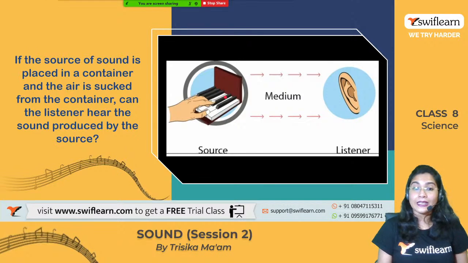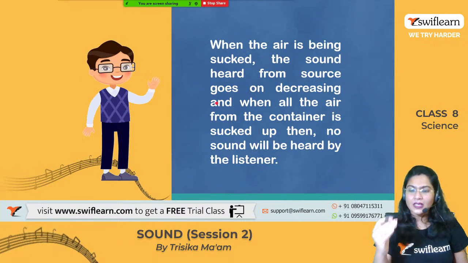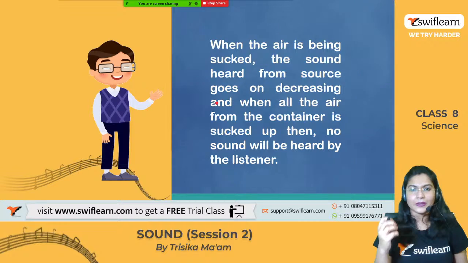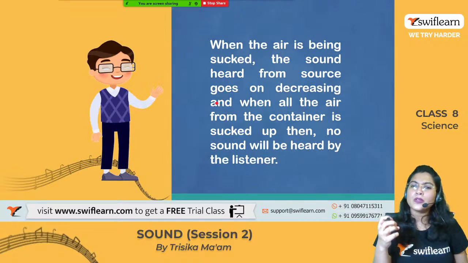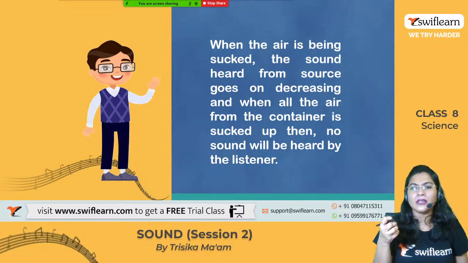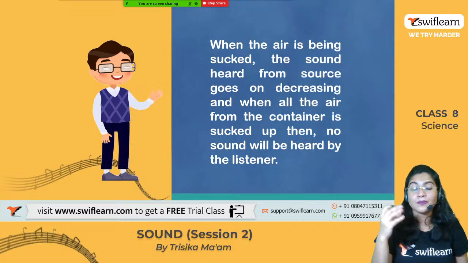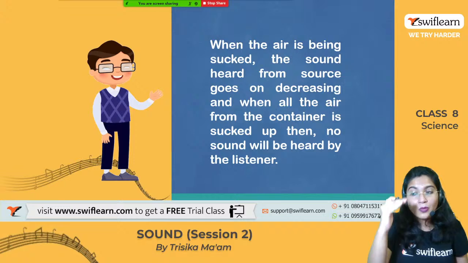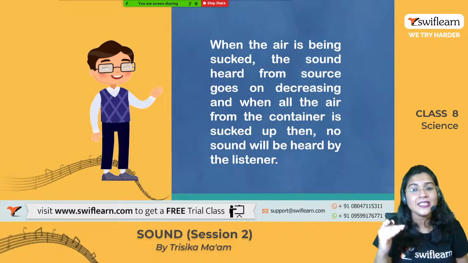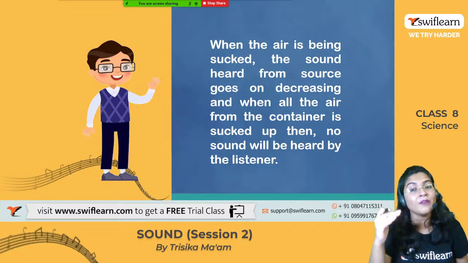Now suck the air out step by step, a little at a time. When you suck the air from the container a little bit, the sound from a proper source of sound in the container will go on decreasing and decreasing. It will go on fainting.